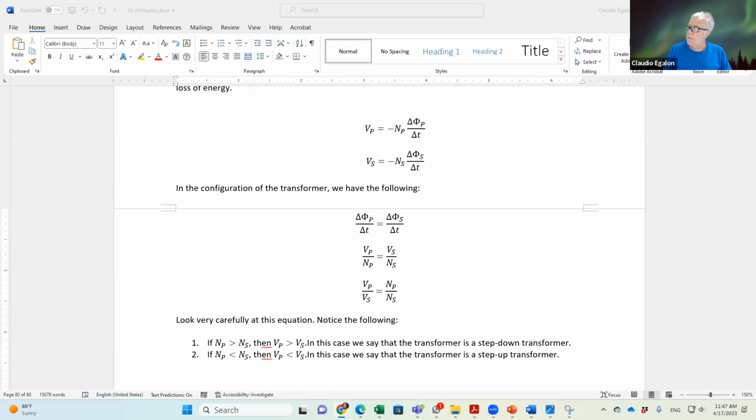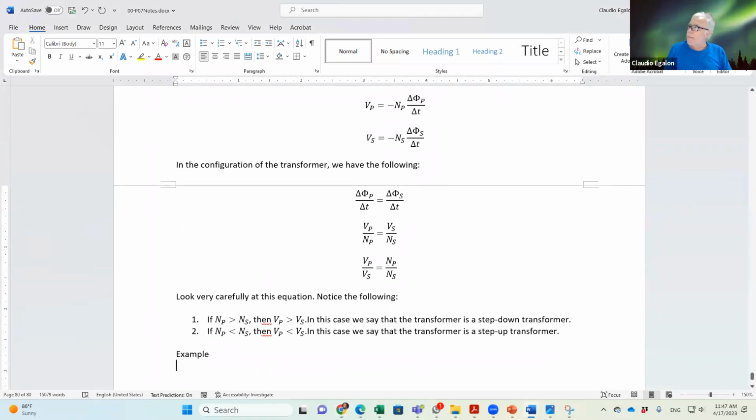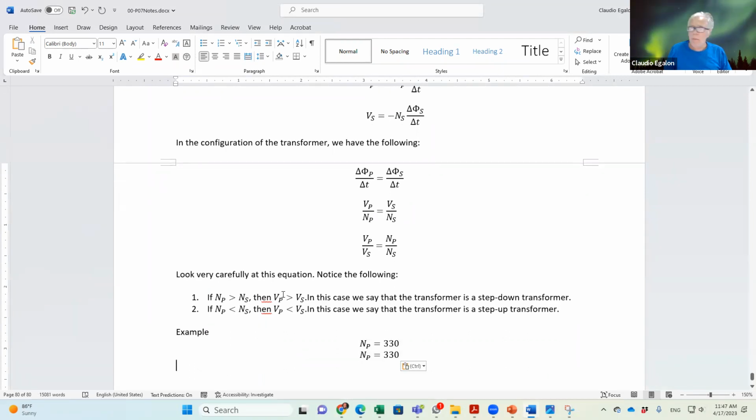Okay, so let's say, example. NP is equal to 330 and NS is equal to 25 turns.